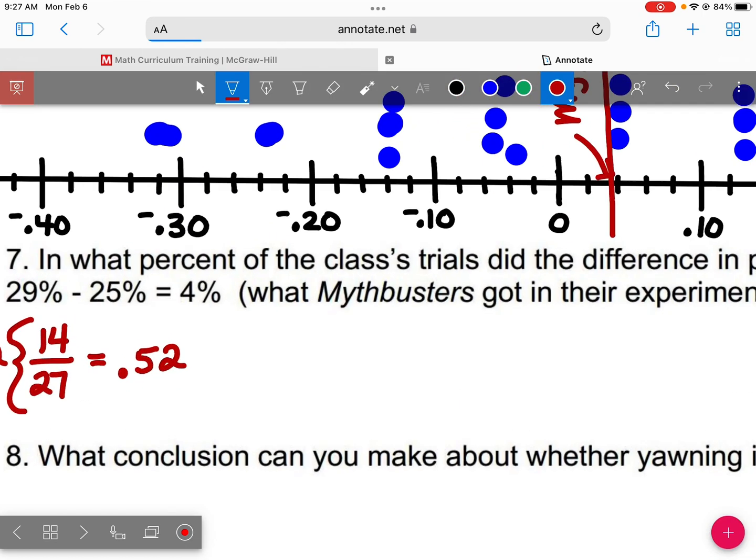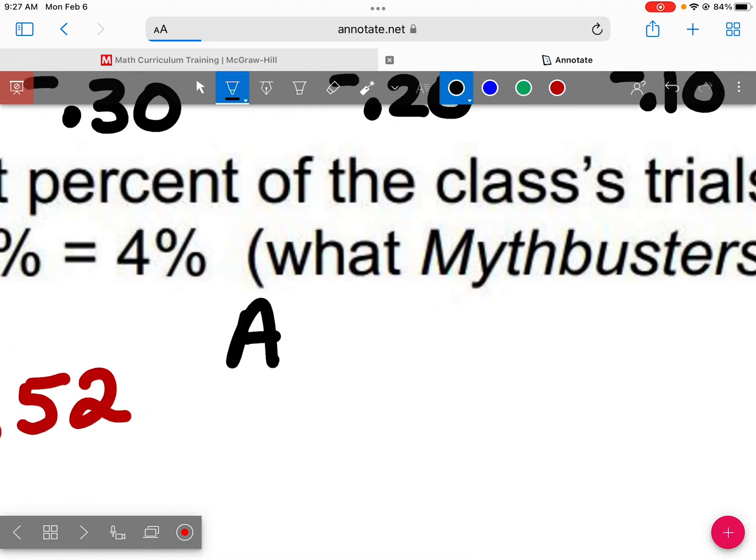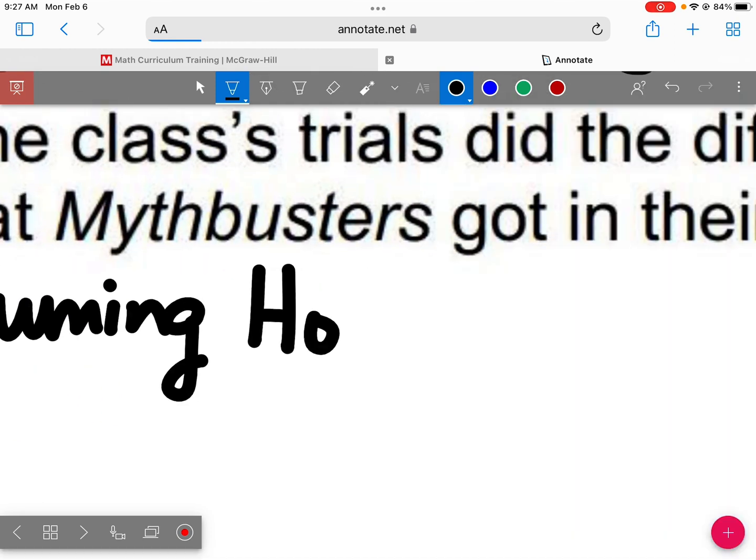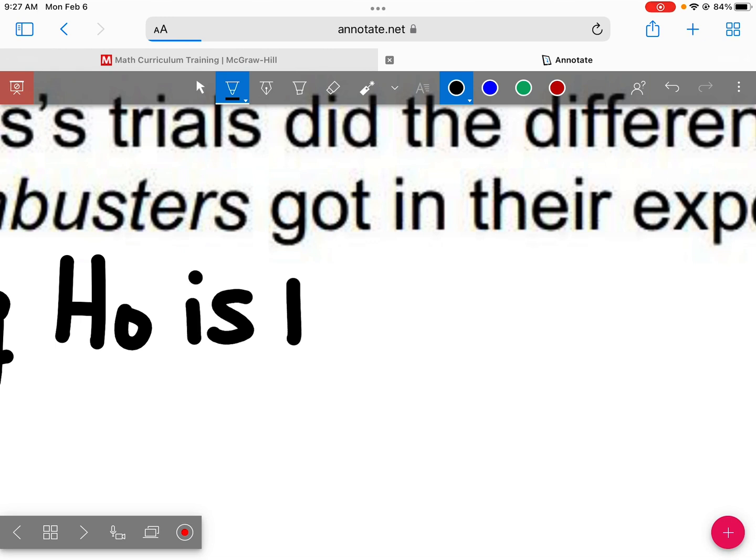I want to interpret that p-value. What is that telling me? What assumption did we make at the beginning? Yes. So assuming H0 is true, yawning is not contagious.